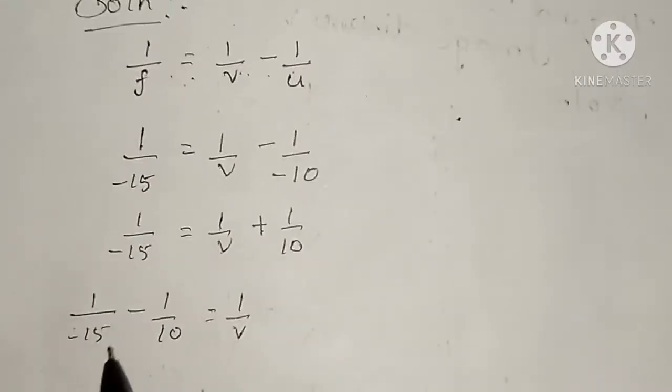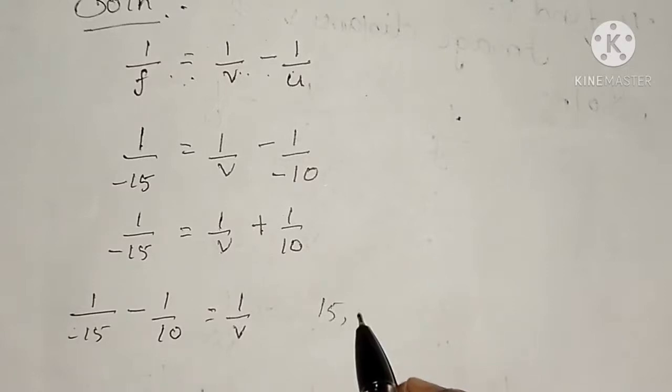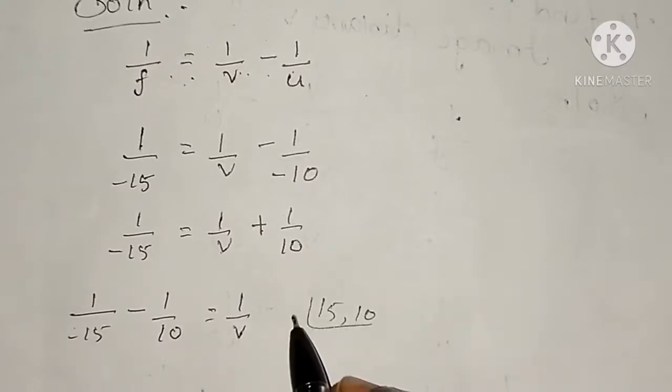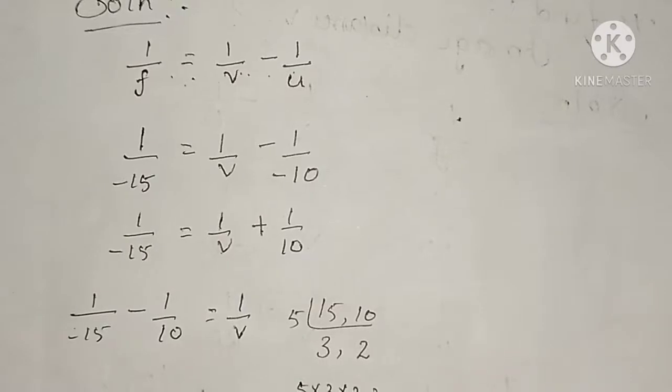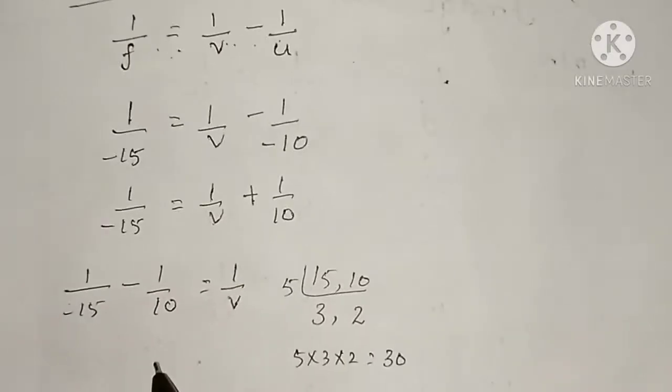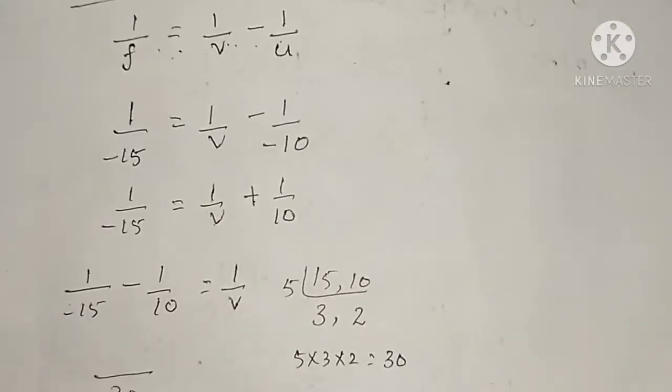Now take the LCM of 15 and 10. What do we get? 2 5s are 10; just multiply 5 into 3 into 2. 5 3s are 15, into 2, what is that? 30. That is the LCM. See here, 30. To make the same base, multiply by 2: 15 into 2 is 30.